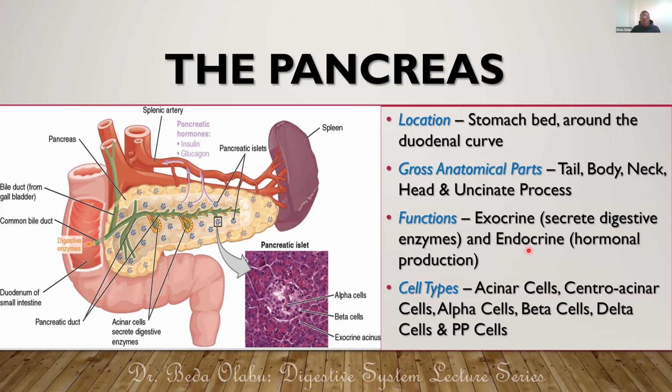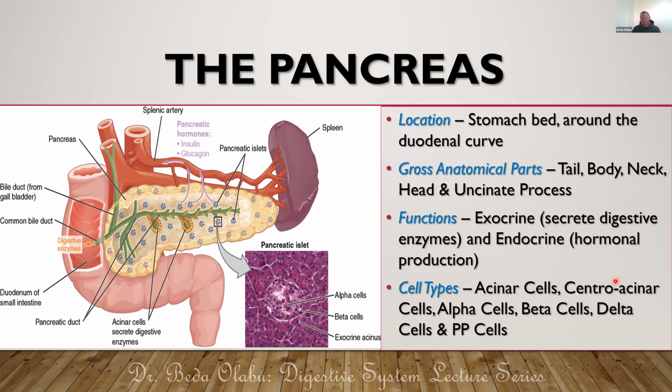There are several cell types within the pancreas. The cells of the exocrine pancreas would be the acinar cells, the central acinar cells, and I want to add another one, the ductal cells.